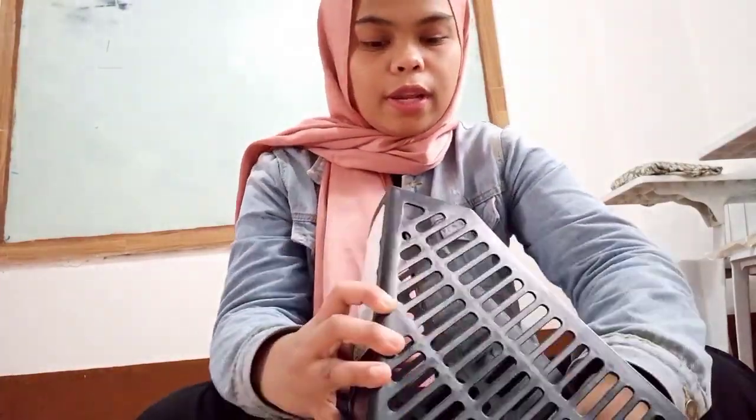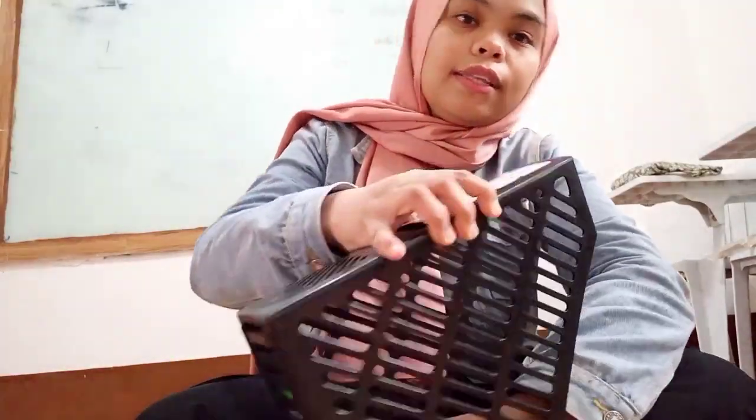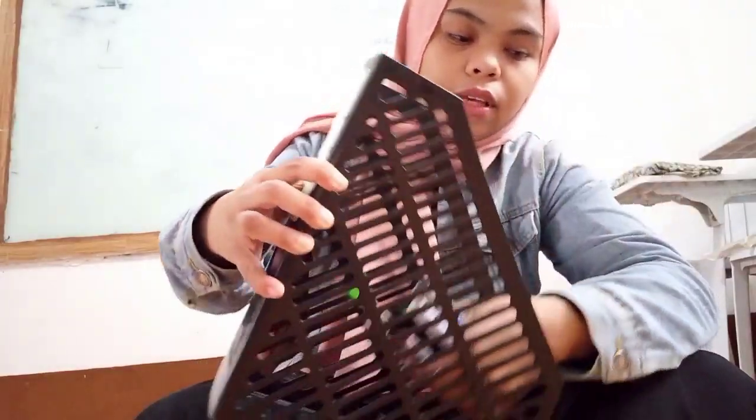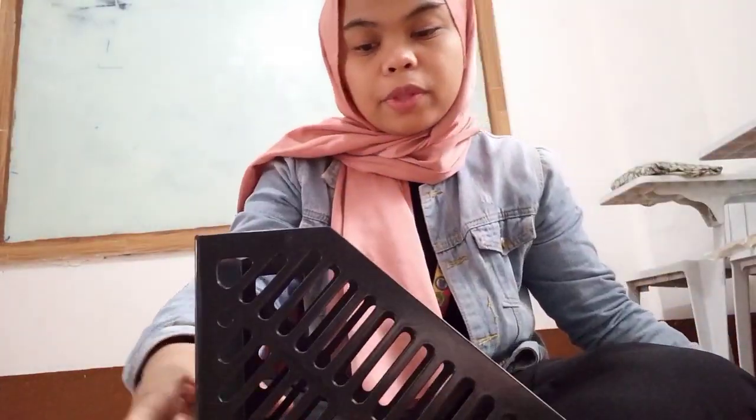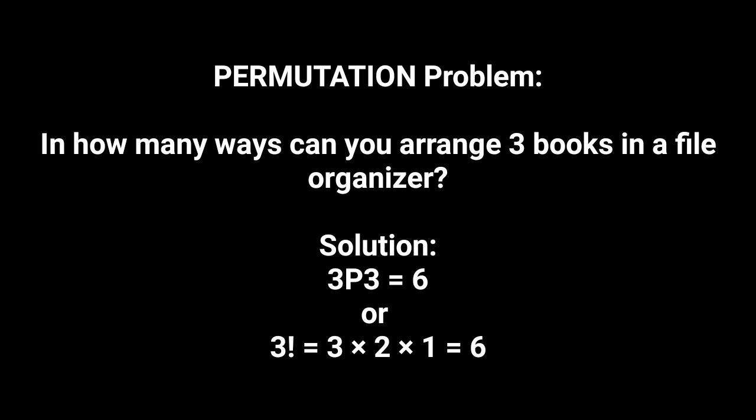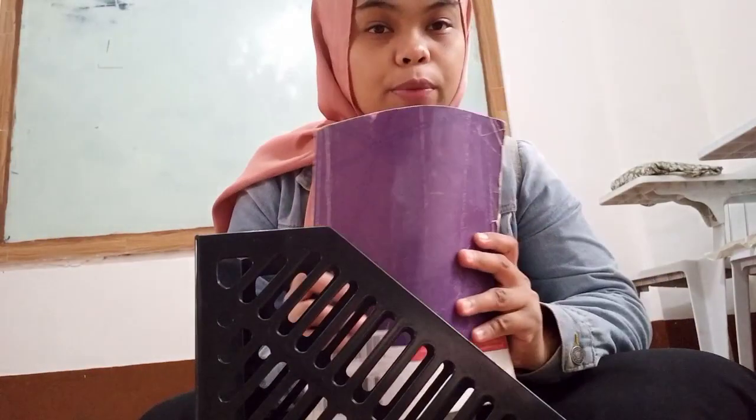Okay? So, let us proceed to the second problem. We have the permutation problem. So I have 3 books here. I have this one, the blue book. So the probability and statistics. Okay?